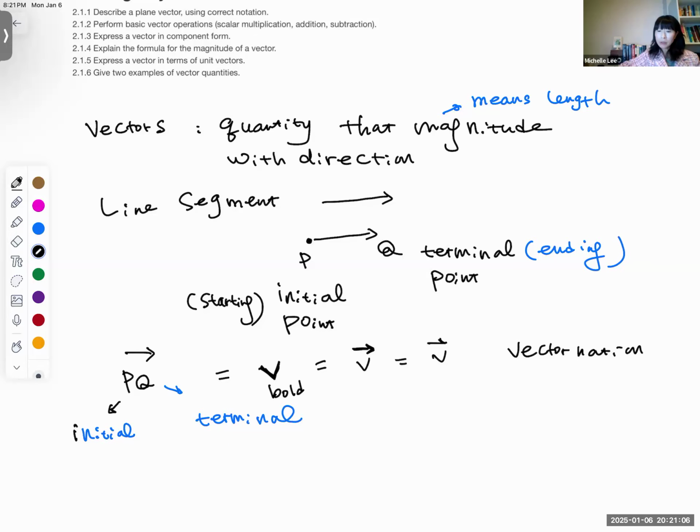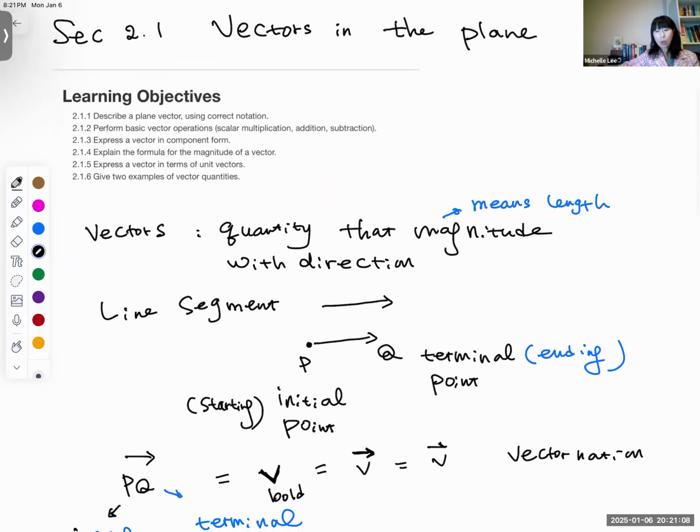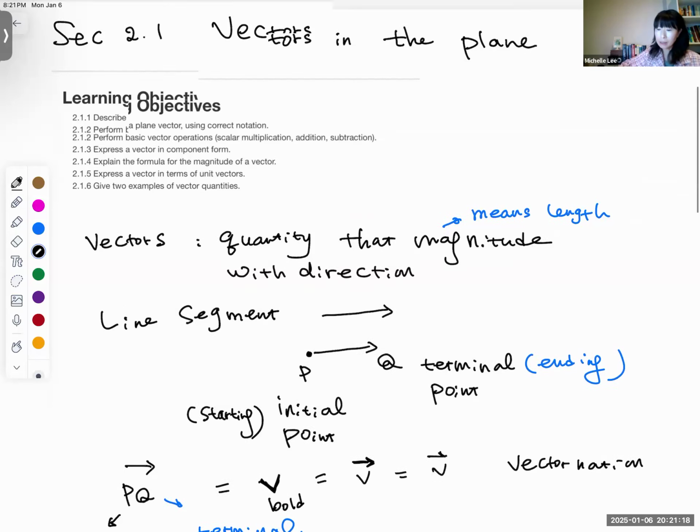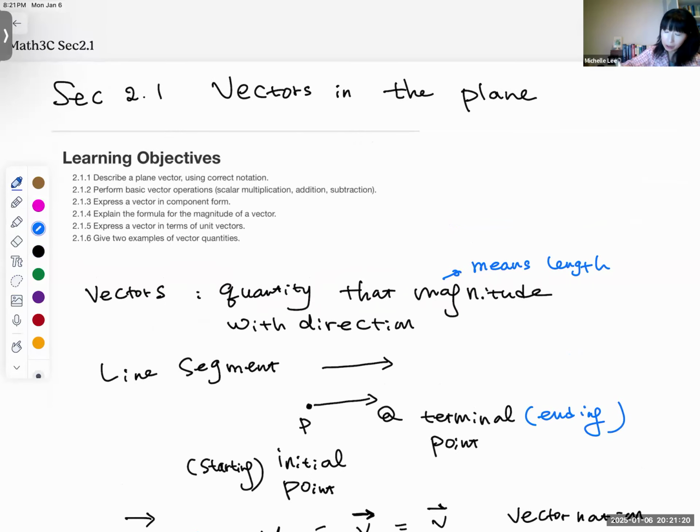Okay, now it says 2.1, vectors in the plane. What does in the plane mean? It's two dimensions. So we have the XY plane, right? So let me write down here, plane means XY plane.